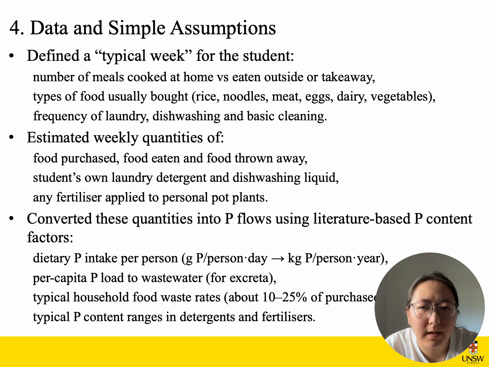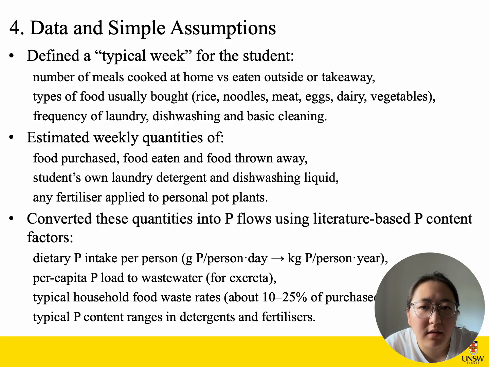Here, I explain the data and my simple assumptions. First, I imagine a typical week for myself: how many meals I cook at home, how many meals I take away or eat outside, how often I do laundry, dishwashing, and basic cleaning.